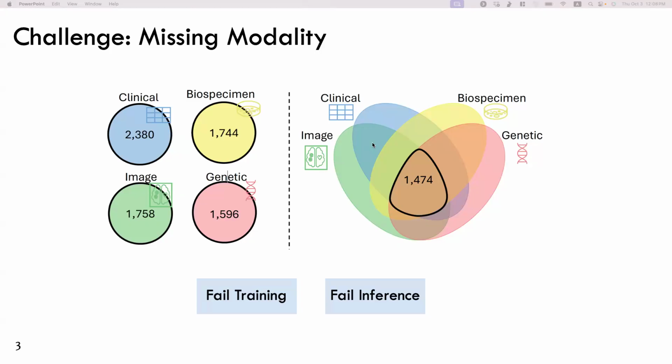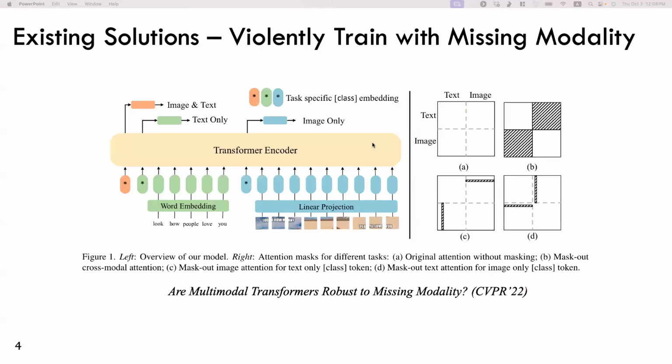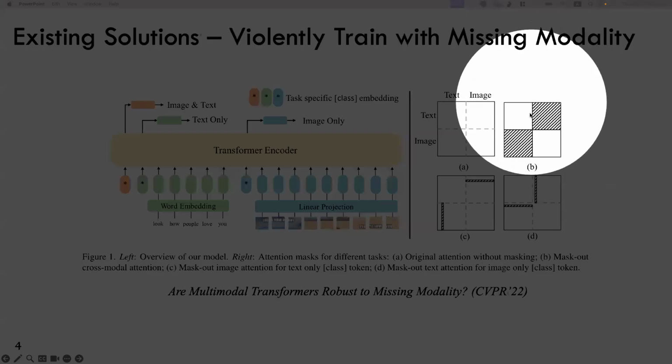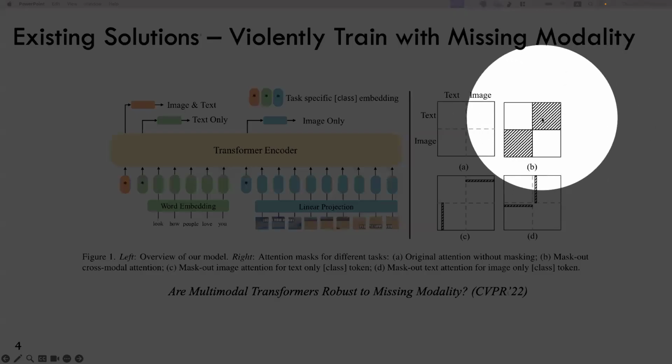In order to tackle these two challenges, in this community a lot of research has been conducted to see whether it can solve this issue. One group of research tries to directly train with a mask in the input domain. Basically, if something is missing, they just put a placeholder, which will be a mask.